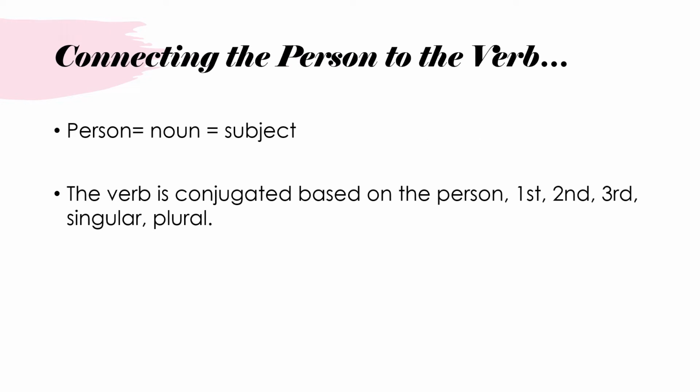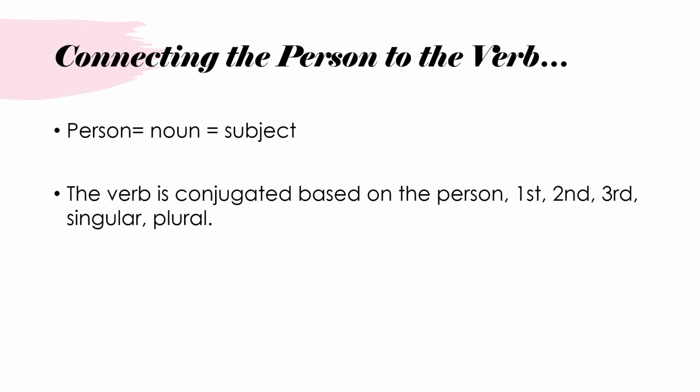I've already kind of given you this idea. So we have a person, which is a noun, right? Even if it's a pronoun, he, she, I, you, all of those things are still going to be a subject. But if we have Bob, or we have the dog, or we have Captain America, those are all nouns. Some of those are proper nouns, right? And those can all be a subject.